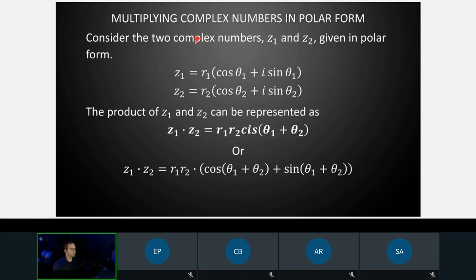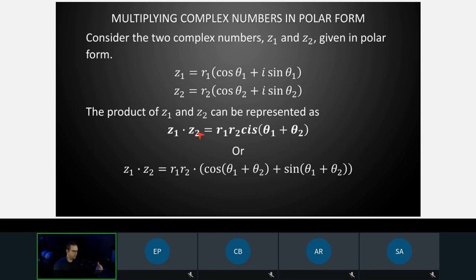So, multiplying. When you have two complex numbers in polar form, I have my first complex number and my second complex number, and we want to multiply these.